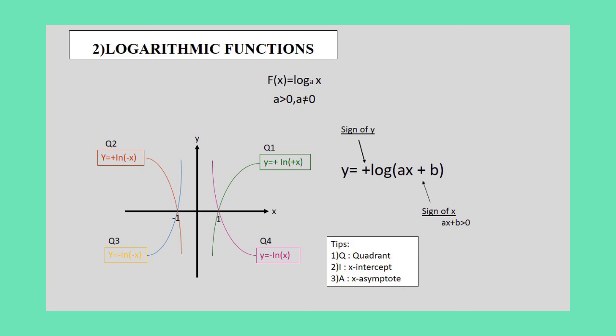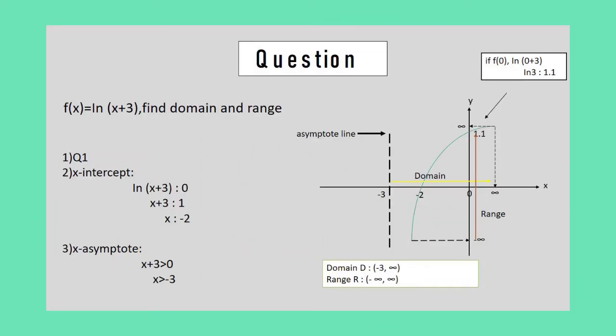Positive log is the sign of y and the bracket is the sign of x. There are 3 tips to solve the equation. First, we must search Q. Q is for quadrant. Second, we must search I for x-intercept. And finally, we must search A. A is the x-asymptote.